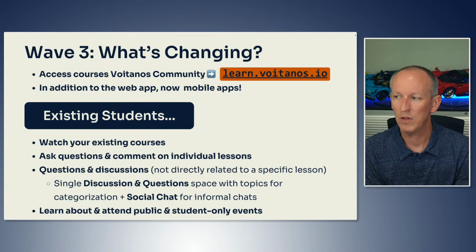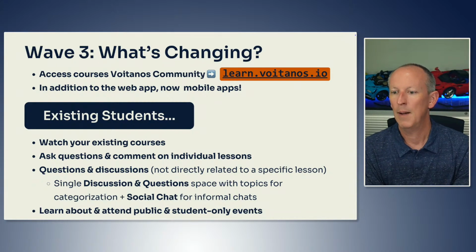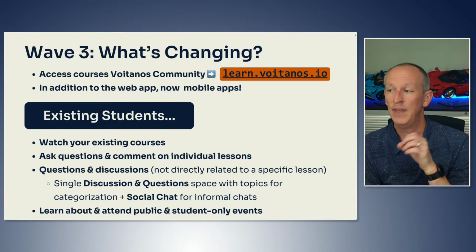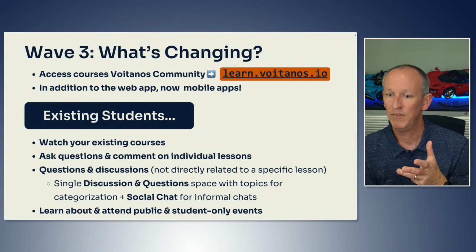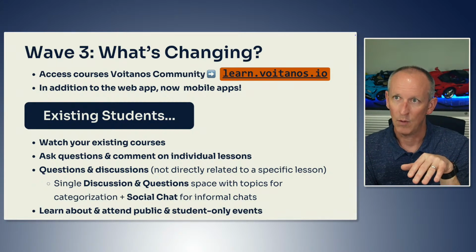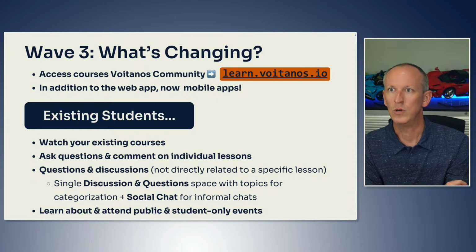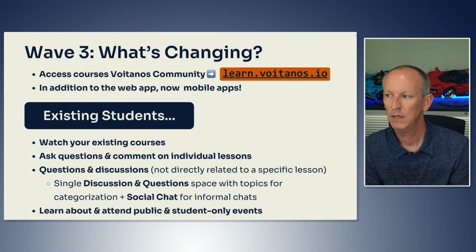You're also going to have a whole event section where you can learn about and attend public or student-only events. For example, there is already a recurring event set up for this office hours that happens once every third Tuesday of the month. You can RSVP to it, post questions ahead of time, and get a link to the recording.